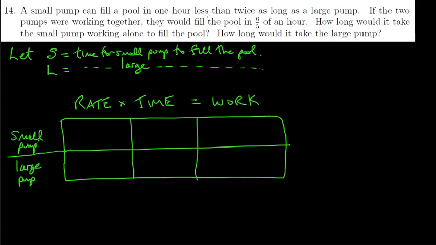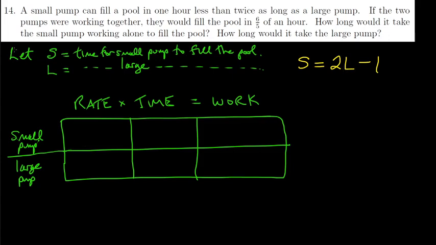In fact, it's 1 hour less than twice as long as the large pump. So 1 hour less, you subtract 1 hour, right? And then twice as long as the large pump is 2L. So 2L minus 1.